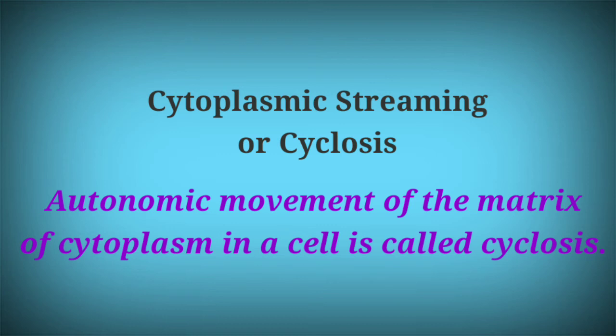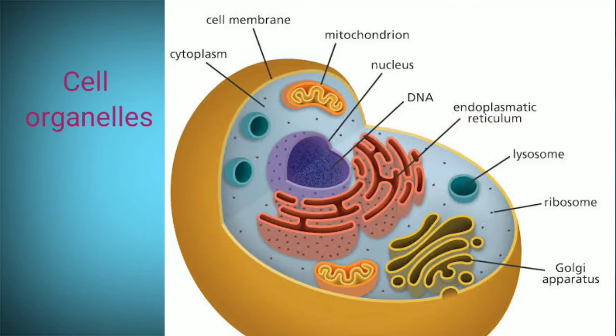Now, as I have said, the cytoplasm has other components also. This was all about the matrix part of the cytoplasm. Now, as we know, the cytoplasm possesses some other parts such as the cell organelles and the cell inclusions. Now, let's come to the word organelle, or what is a cell organelle.